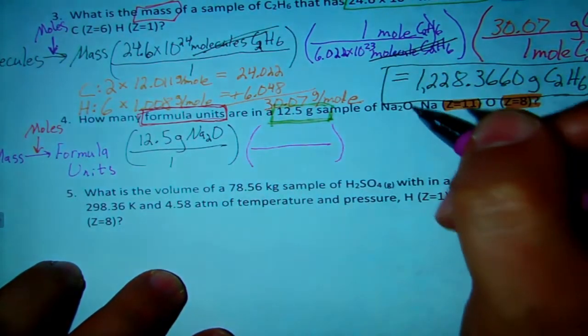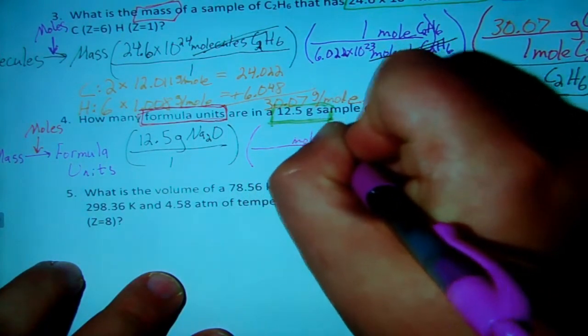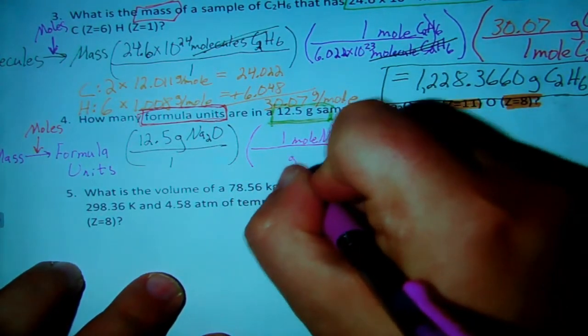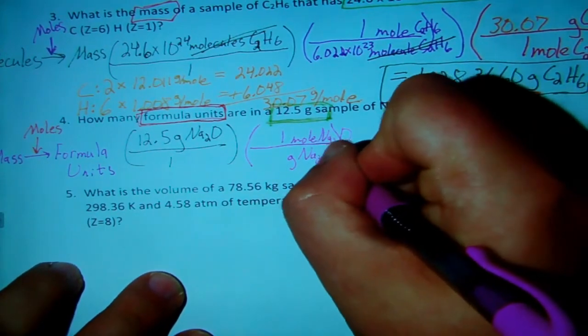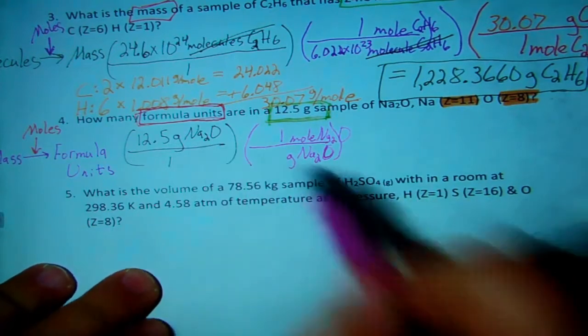I need moles, so mole of Na2O goes on top. Number 1 goes with it, and grams of Na2O goes on the bottom. You should be able to explain to me at this point that the reason grams is going on the bottom is so that these grams would cancel.